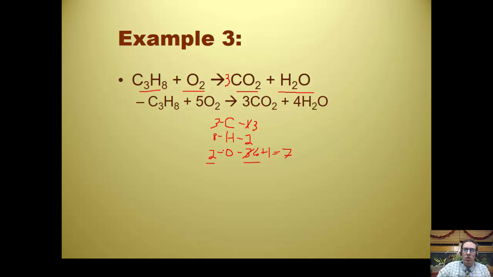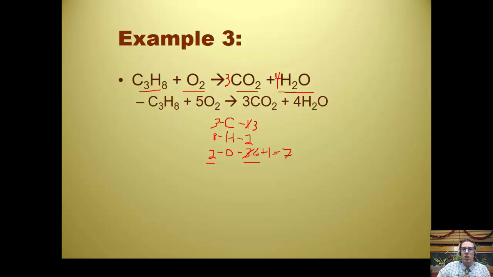2 things that we can do here. We know, first of all, that we need to balance out the number of hydrogens over here. So we're going to do that by putting a 4 in here. Another thing that you should note and get good at is that if I have an even number over here, this other side, this odd side, is probably the side that I want to put an even number in front of here, because that's going to allow us to balance out better.